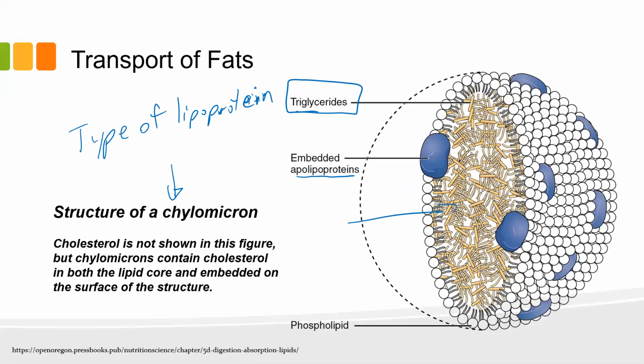So we can also have, for example, cholesterol, if you have it in your diet. You can have fat-soluble vitamins, and there's a bunch of other rare lipids that could end up in your diet. But mostly this is triglycerides and then cholesterol if you have a lot of cholesterol in your diet.